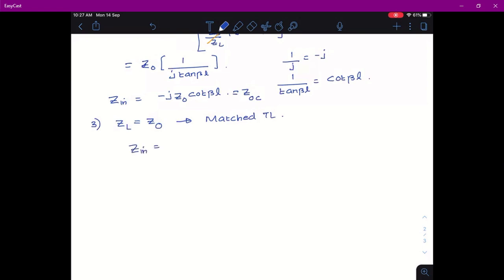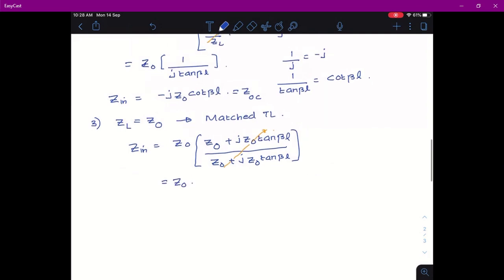So, Z in is equal to Z0 into (Z0 plus j Z0 tan beta L) by (Z0 plus j into ZL, which is Z0 tan beta L). So, you see the numerator and denominator are same, so it will get cancelled. So, finally, you will end up with Z in equal to Z0.